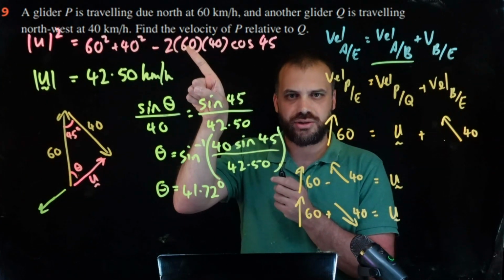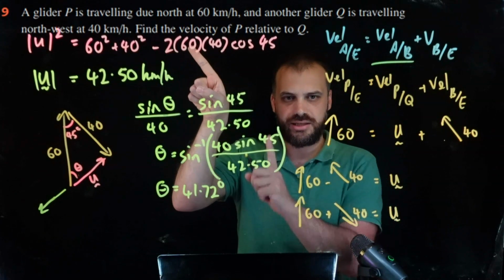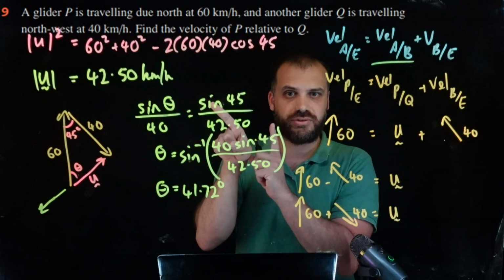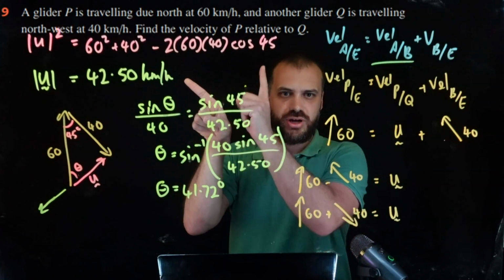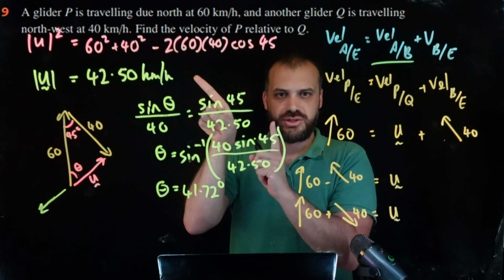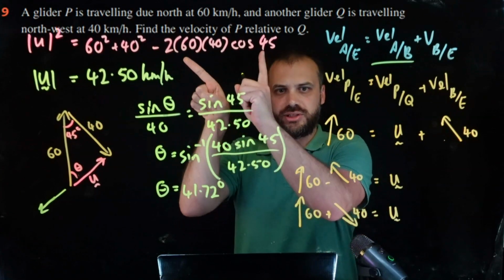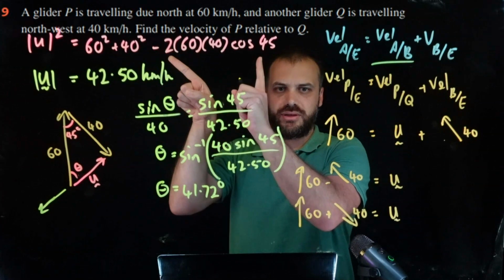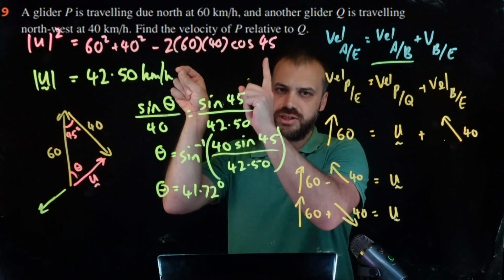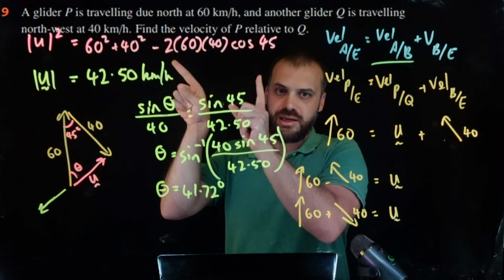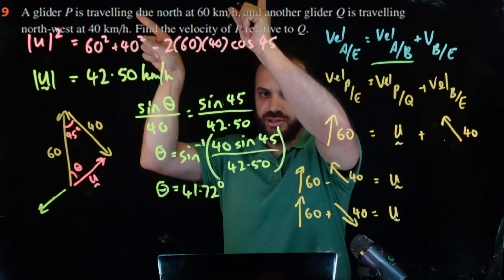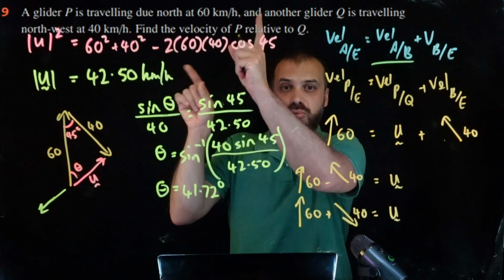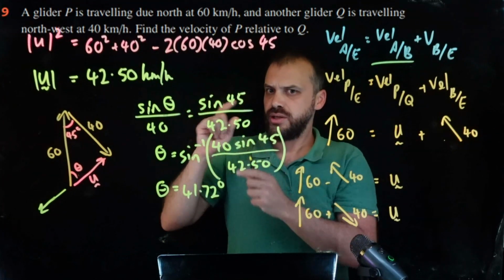There was another glider, P, and it's traveling north faster than you are. You're traveling 40 kilometers an hour, and they're traveling 60 kilometers an hour. So if we continue on like this, it definitely feels like this thing is going to eventually pass you by, right? I think they're going to go away faster than you, right?